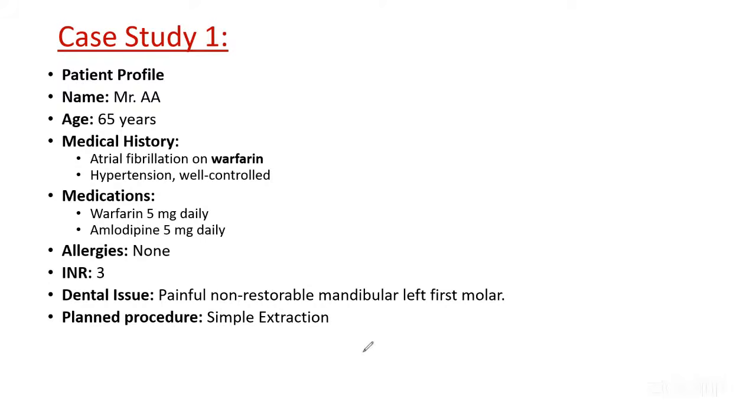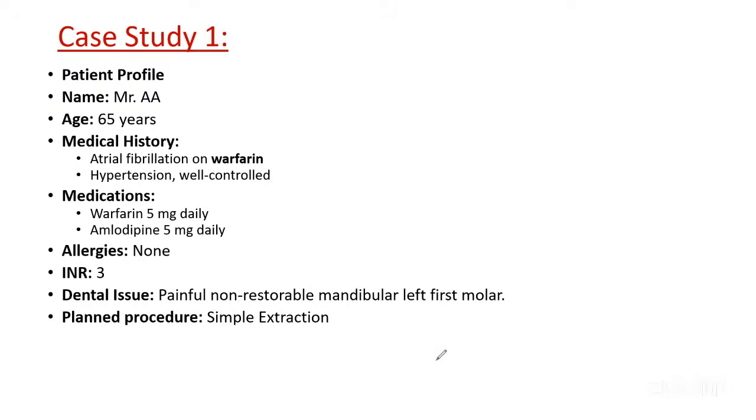Dental issue: the patient complains of a painful, non-restorable mandibular left first molar. The procedure you plan is a simple extraction of this tooth. So what should we do in this case? Should we proceed? Should we consult the patient's physician? Should we stop their medication?